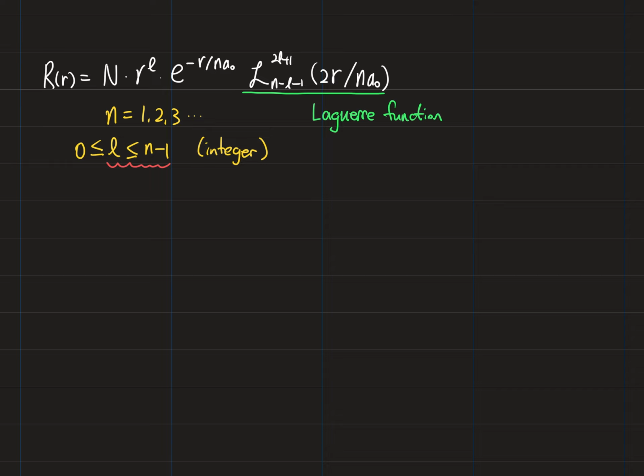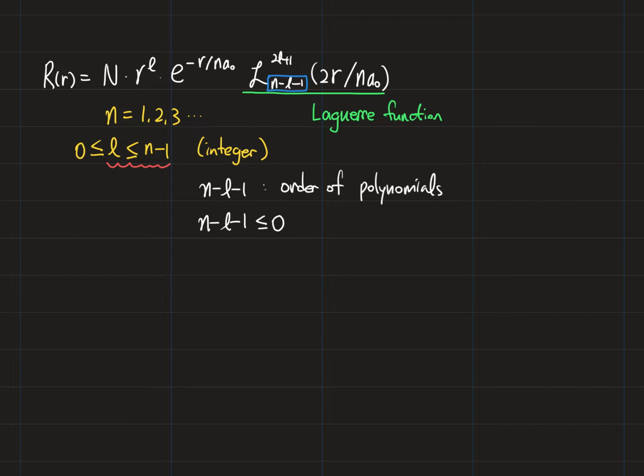And the subscript here, n minus l minus 1, is the order of the Laguerre polynomial. So that means n minus l minus 1 could not be less than 0.